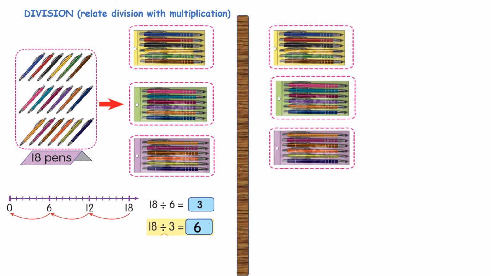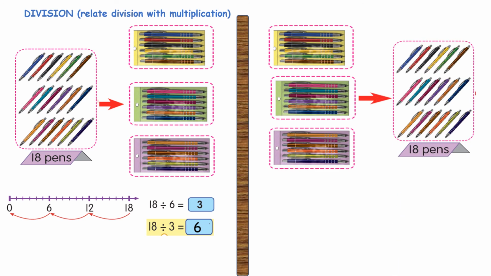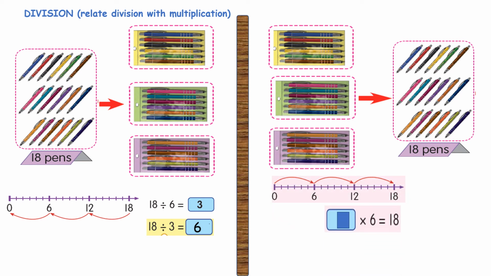Next, look at the same picture of pencils, but now the pencils are in 3 groups, in which each group has 6 pencils. So altogether there are 18 pens. Teacher hopes you still remember this is actually multiplication. Look at the number line and the number sentence of multiplication.